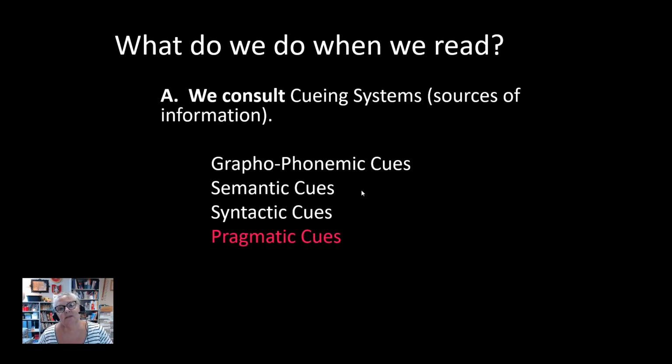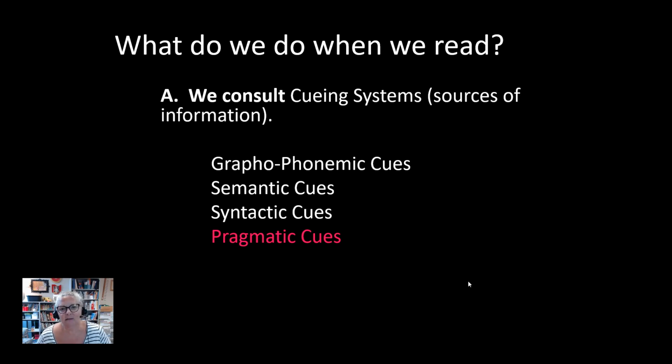And the last thing we use is our life experience, our schema, or we call those pragmatic cues. It's when you're using what you know about the world to make sense of a text. So we use all four of these cueing systems when we read. And when kids are reading, we're going to take running records to see which ones they are paying attention to.